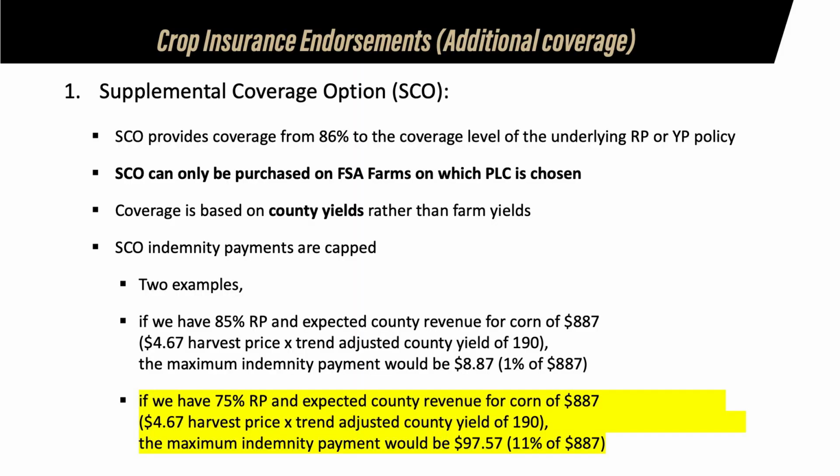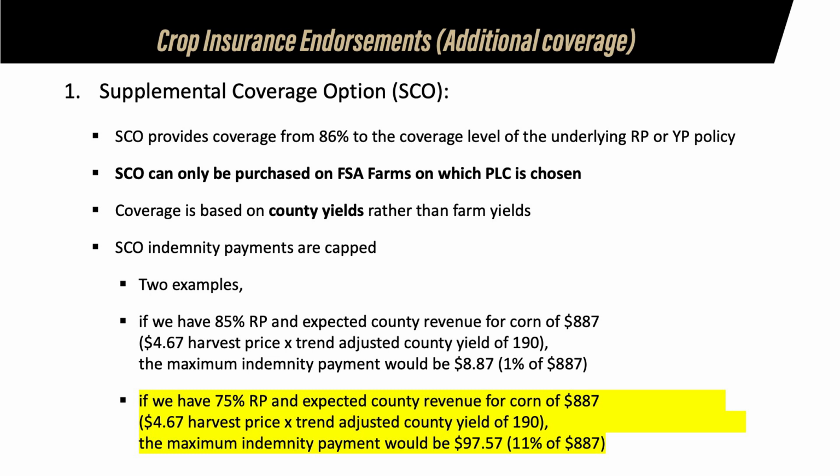First of all, SCO can only be purchased on FSA farms on which PLC is chosen. That's extremely important. Also, SCO provides coverage from 86% to the coverage level of an underlying revenue protection or yield protection policy, where revenue protection is by far and away the workhorse in the crop insurance world.